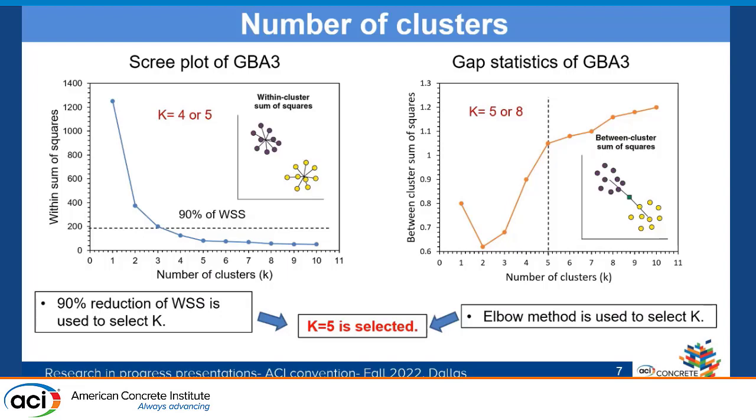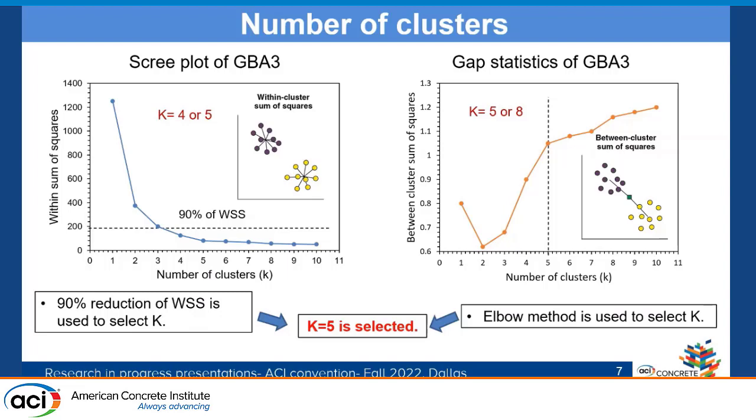When the number of clusters increases, this WSS decreases. So I obtained a 90% reduction limit, and using that I determined that k equals 4 or 5 clusters would be suitable.